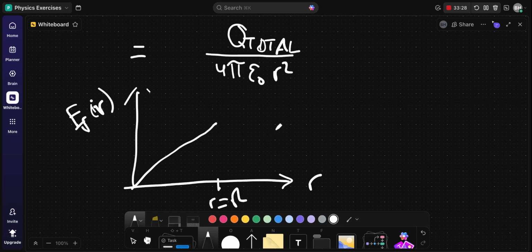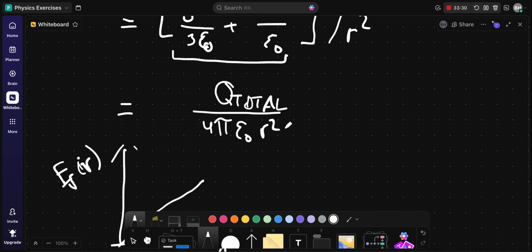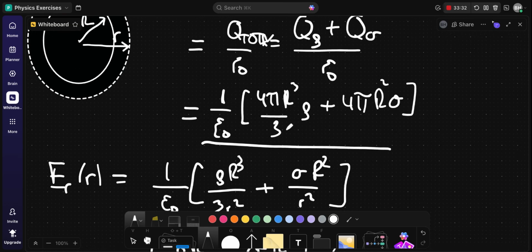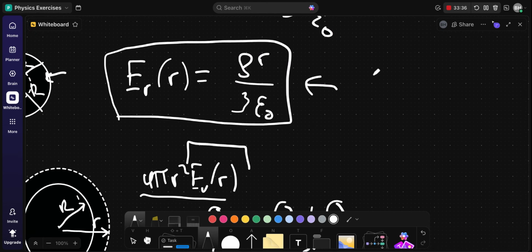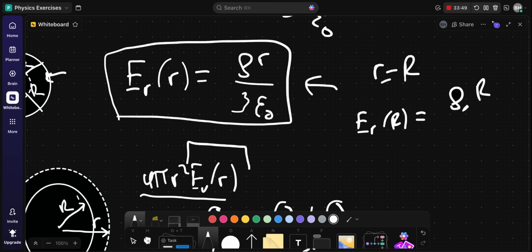Okay, now, however, the interesting thing is, so let's go back to our, let's go here, and if I substitute r equals capital R here, the electric field I get, based on this formula, is rho R divided by 3 epsilon 0.